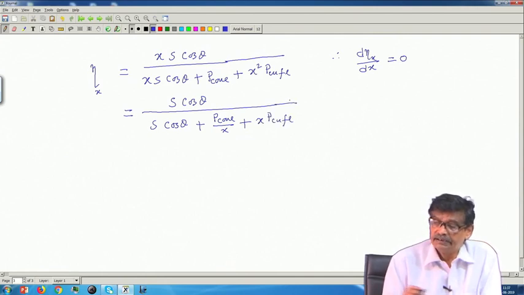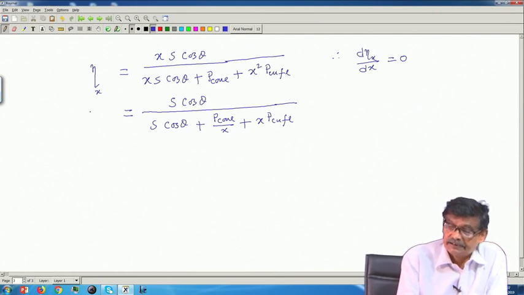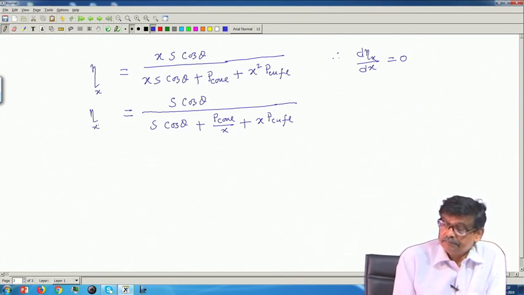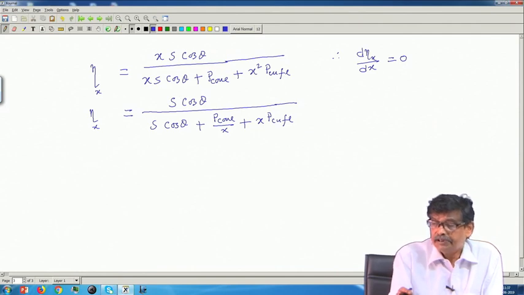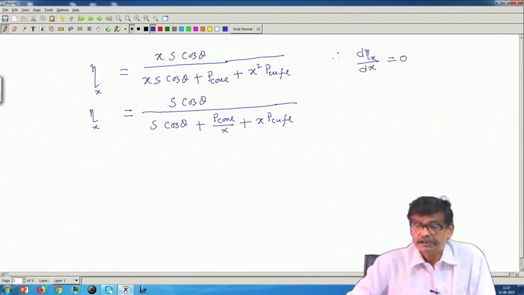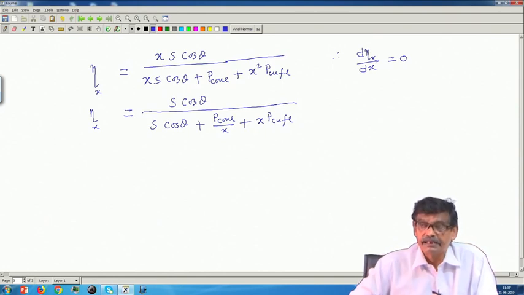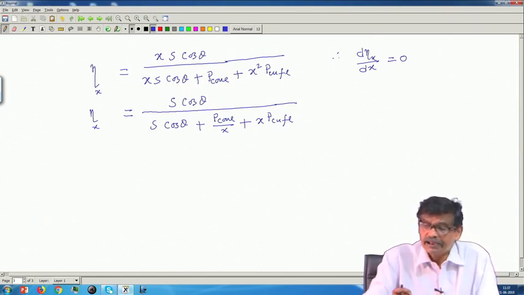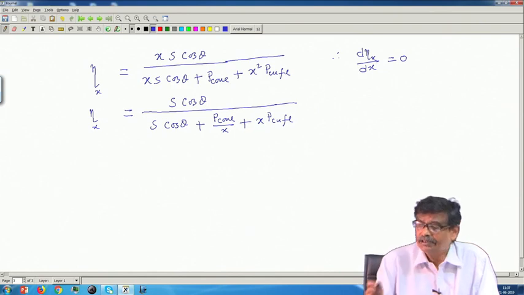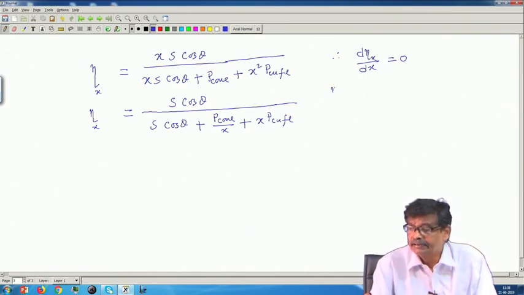This will be the expression for eta x. Now, by dividing numerator and denominator by a factor x, the degree of loading which is varying in this case, the numerator has become constant.